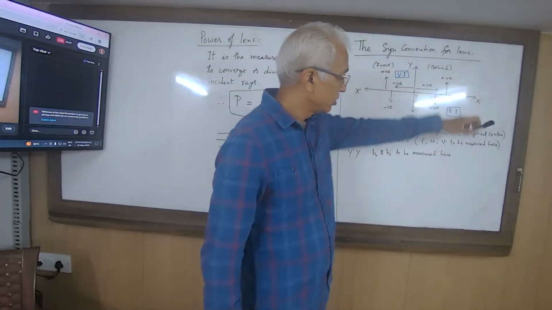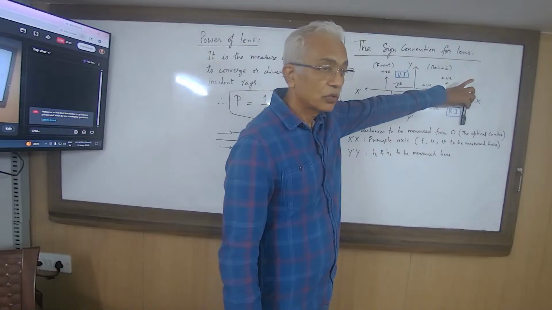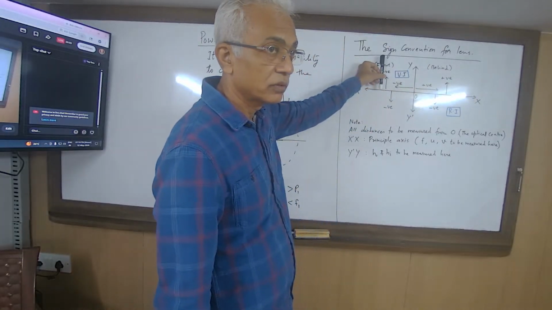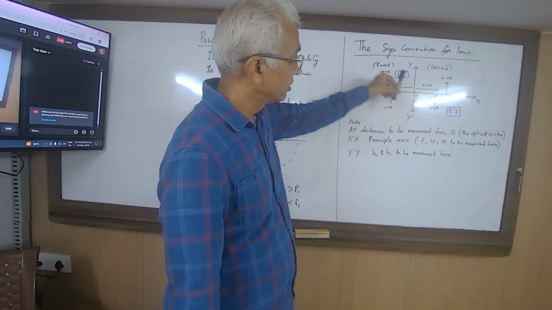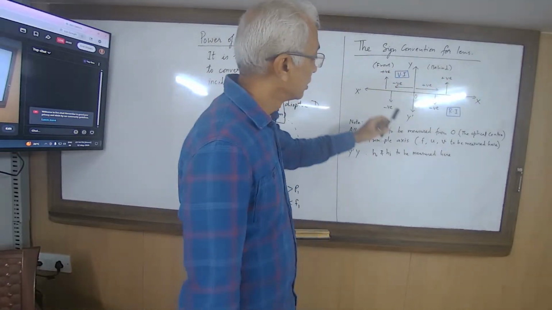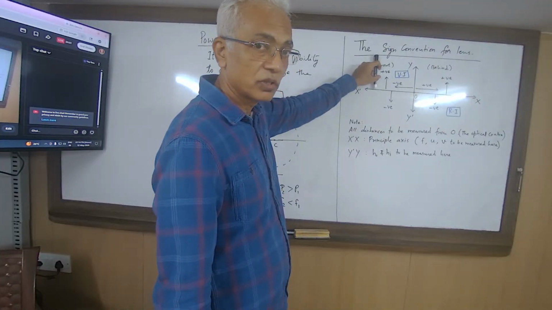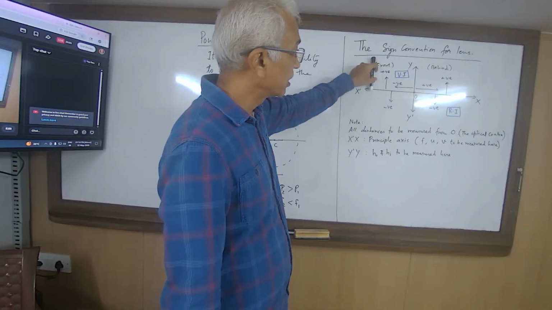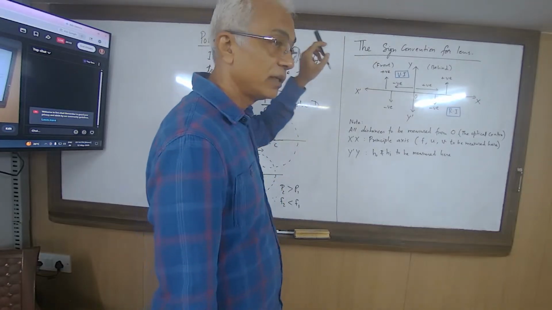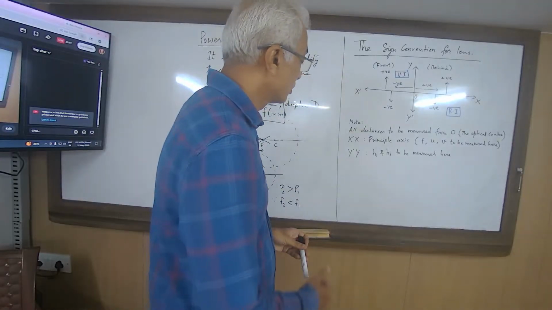It will again depend on real or virtual image. If the image is virtual, then HI is positive, it is above. If the image is real, HI is negative. Object HO is always positive because it is always to the left and kept above the principal axis, in all the ray diagrams that we have seen. Is that clear? That's it. So this is your sign convention.